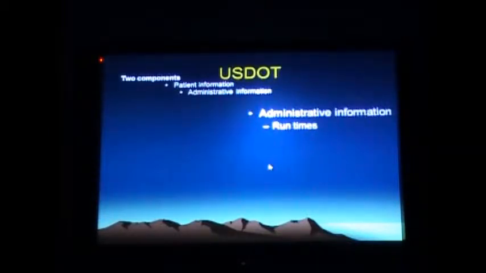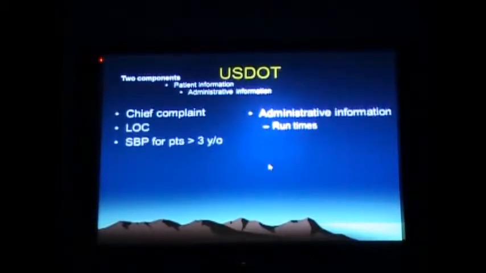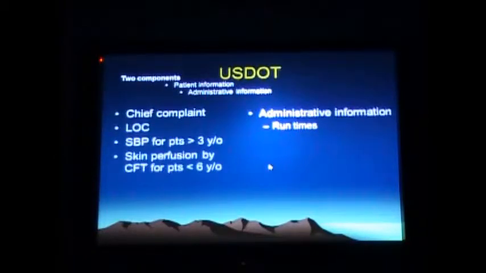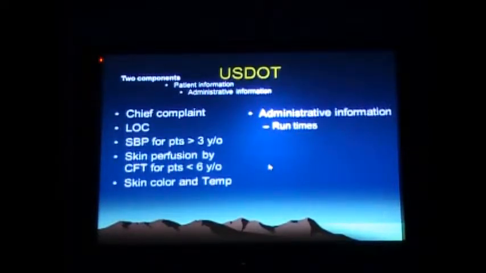So that information comes in the form of both patient information as well as administrative information, and some of the things that are required on the chart: chief complaint, level of consciousness. You need to have a systolic blood pressure for those greater than 3 years of age, skin perfusion or capillary fill for those less than 6 years of age, skin color and temperature.